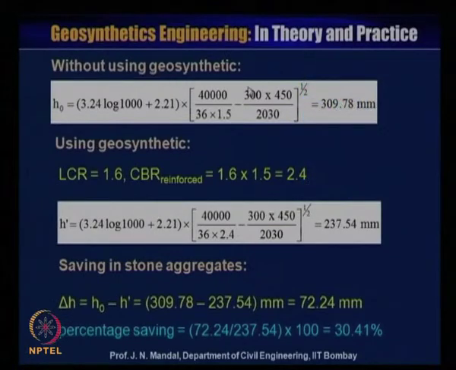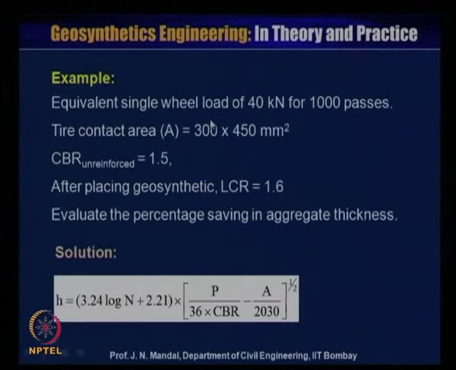Now, without using geosynthetic material, H0 is equal to 3.24 log of N, where N is 1000, plus 2.21, and this is P, and this P is divided by 36 into this.